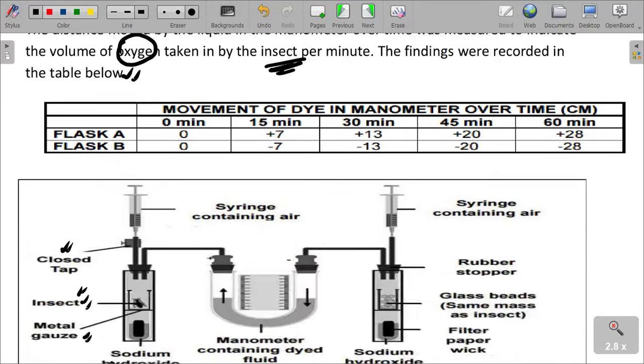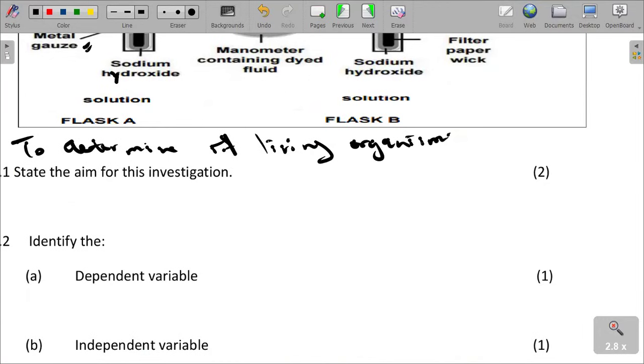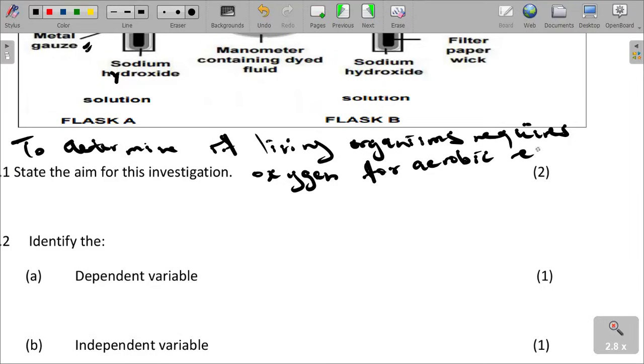For aerobic respiration. To determine if living organisms require oxygen for aerobic respiration.